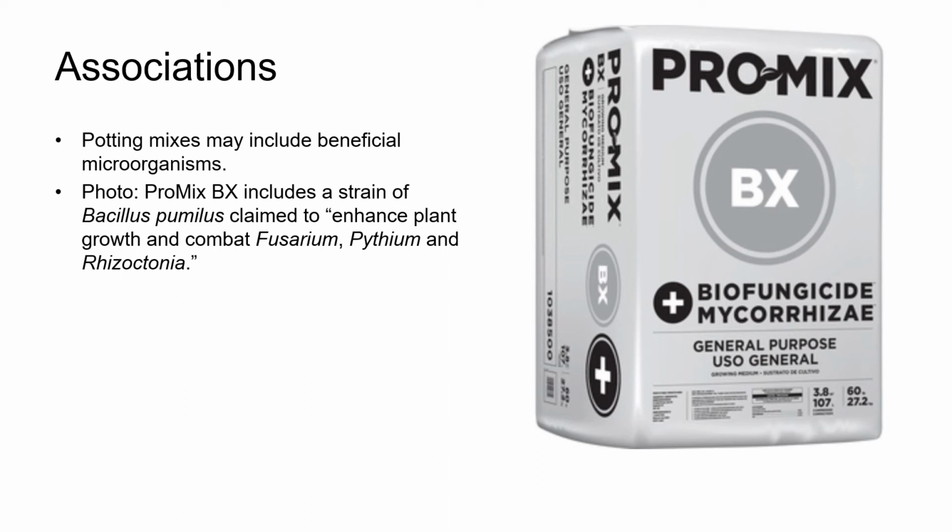In this particular case, the biofungicide is a naturally occurring strain of the bacteria Bacillus pumilus, which ProMix claims enhances plant growth and combats harmful organisms such as Fusarium, Pythium, and Rhizoctonia. ProMix doesn't tell you what the mycorrhizal organism is, though. Any ingredient added to a potting mix adds to its cost.